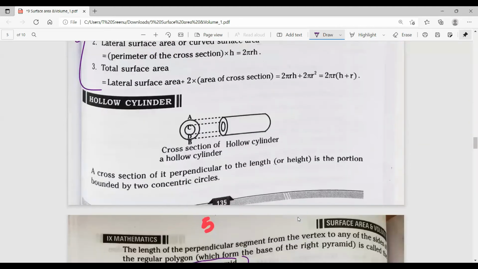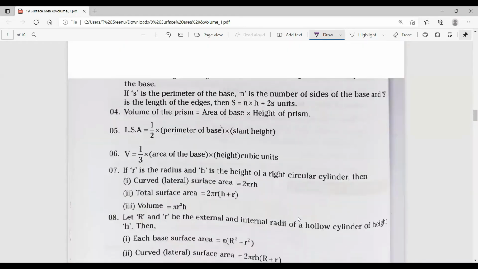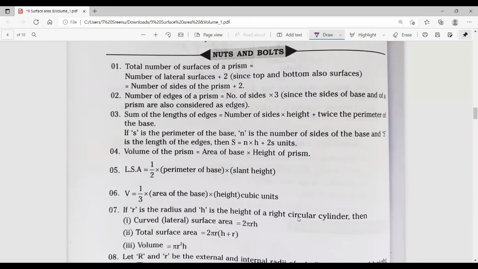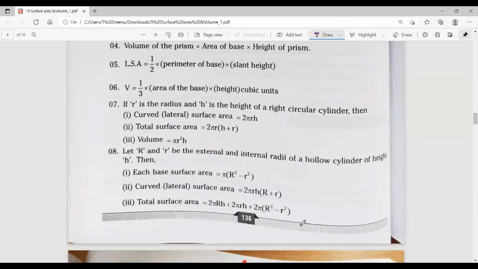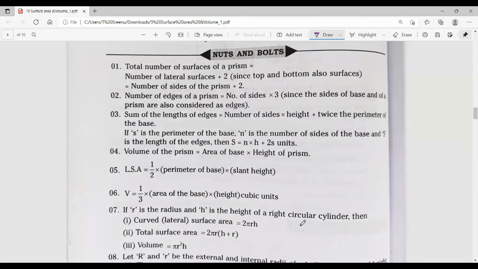Hollow cylinder means it is empty inside, like a pipe. And you can see the formulas here once. These are on page number 136. First three formulas are about the prism, and the fourth is also prism, and lateral surface area is also about prism, and volume general formula.